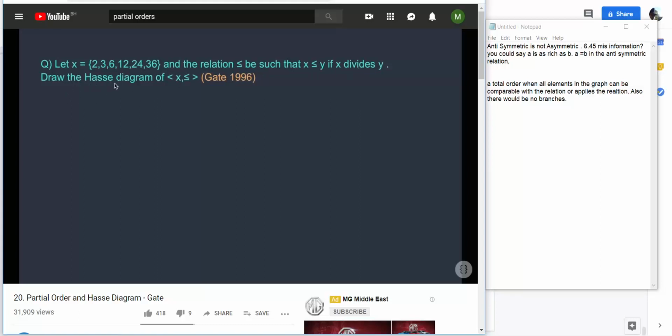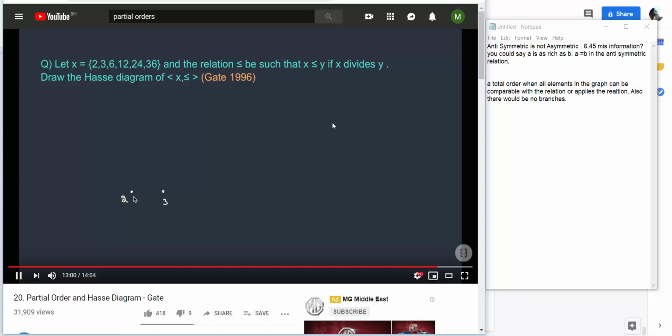Draw the Hasse diagram of this partial order. Let's pick up the first node, that's 2. Then compare it. Does 2 divide 3? No, it does not. Therefore, put 3 also at the same, lowest level.